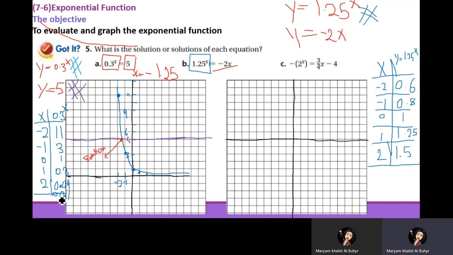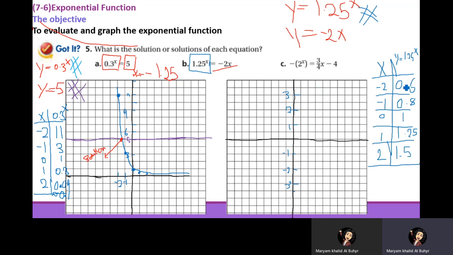So here you have, I will choose for each 2 squares 1, so that is 1, that is 2, that is 3, and so on. Here is -1, each 2 squares, -1, -2, here is -3, and so on.